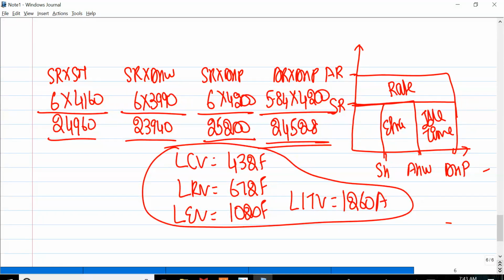Any doubts on this? The formula will come from your chart.